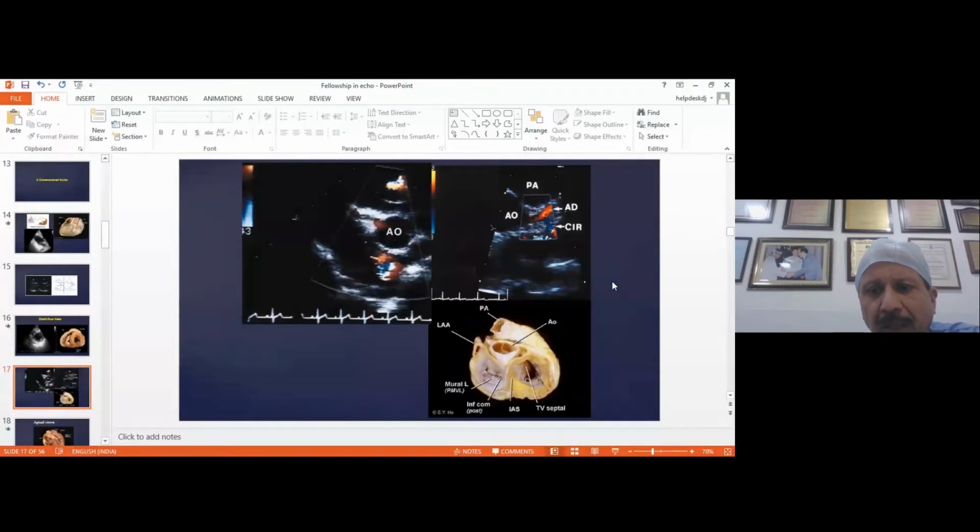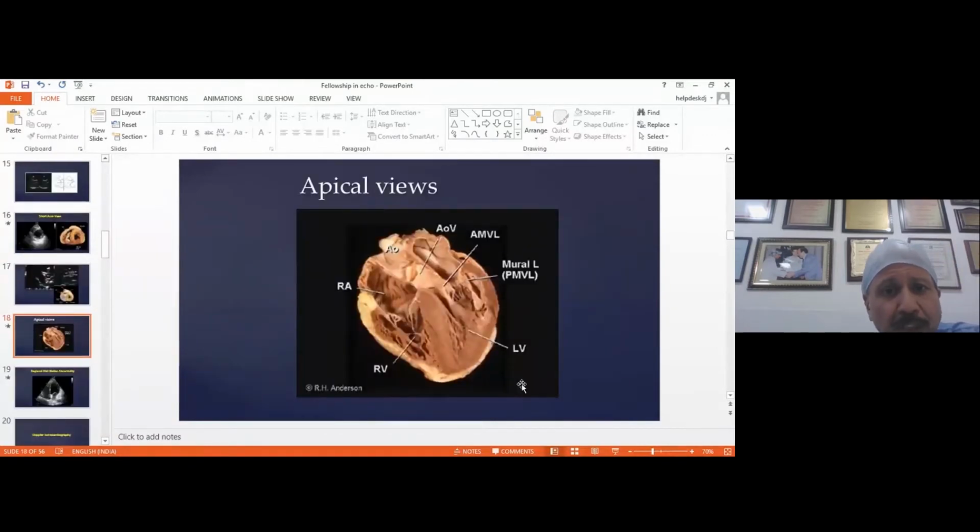And I tell you that in real life, by the use of echocardiography, you can actually see things which were not even visualized previously. You can see the interatrial septum, you can see the tricuspid valve, you can see the aortic valve, and you can see the septum. So you can find out if the patient has ASD, if the patient has a VSD. All these things are now possible just by the use of a 2.5 megahertz transducer.